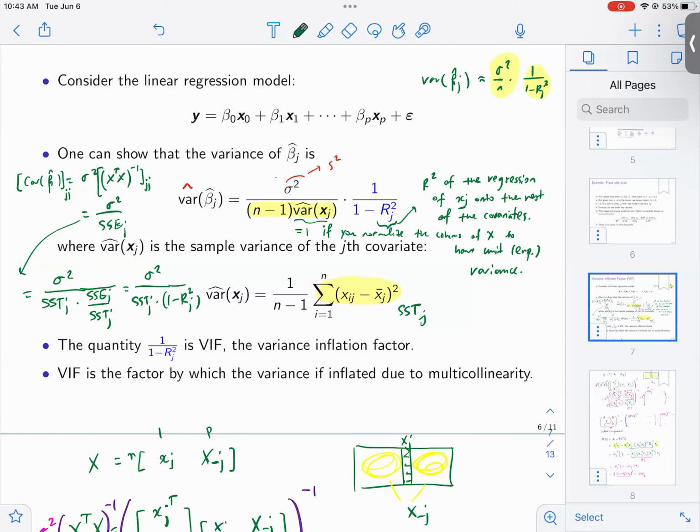Yes. But if you don't know sigma squared, you can't actually find a value for that? So this is the actual variance. Yes, but you can estimate it. The estimate would be just replacing sigma squared with s squared. But this part, we really care about the second half of that formula with the R squared. Yes, that would be the same. So this is the actual variance, and your estimate would be just replacing it with s squared.